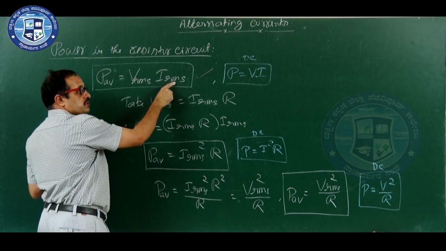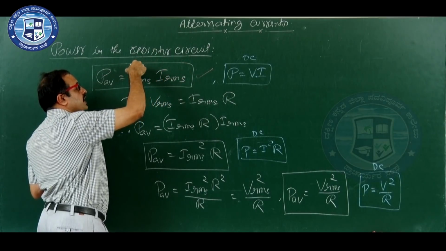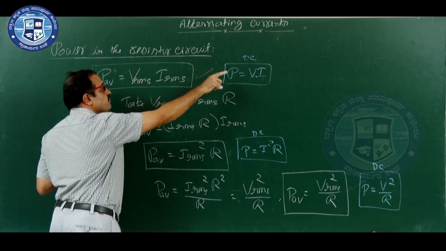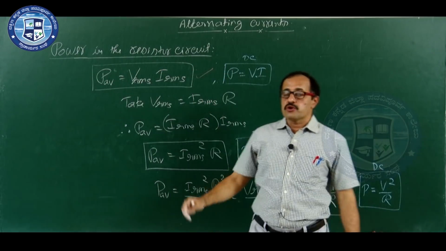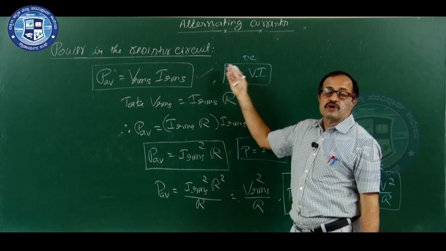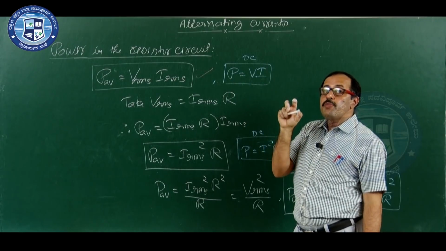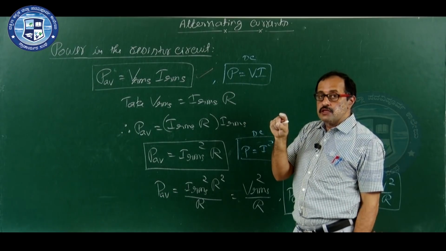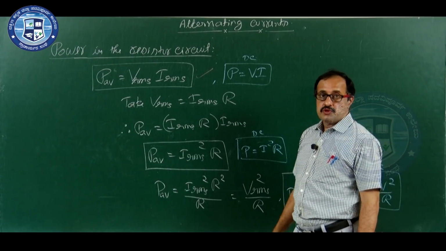Here IRMS means wherever you have got a DC voltage, you have got a VRMS. Wherever you have got a DC current, you have got IRMS. Therefore, RMS values are known as DC equivalent values in terms of power consumption when AC or DC flows through the resistor.